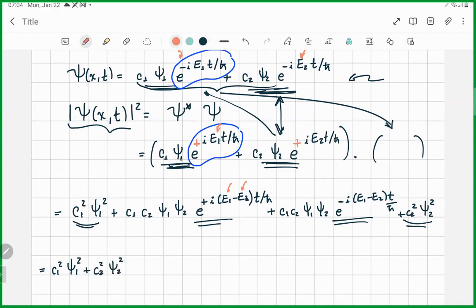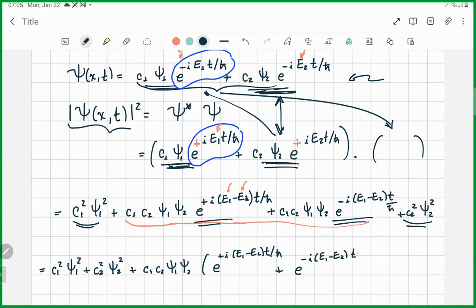Now let's focus on the terms that depend on time. Both have C1 and C2, psi1 and psi2. One is exponential plus i (E1 minus E2) t over h bar, the other one is exponential minus i (E1 minus E2) t over h bar.